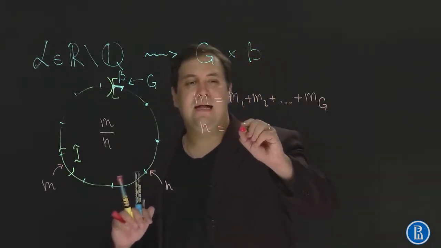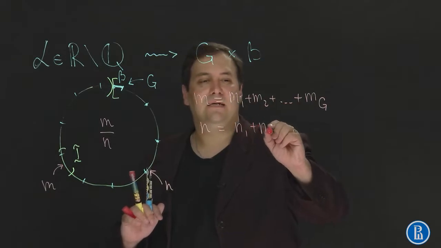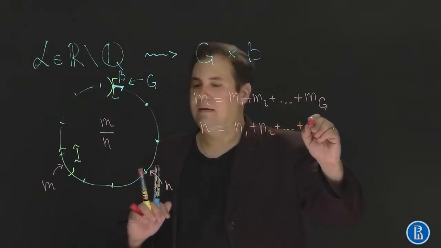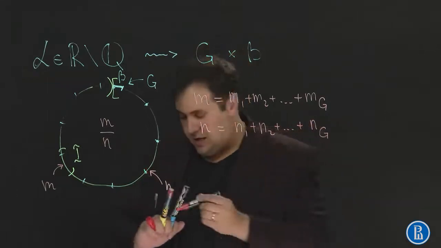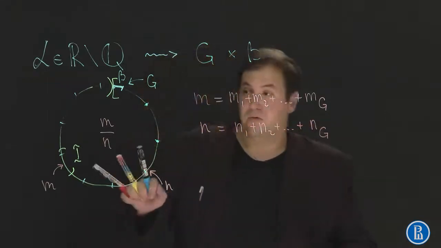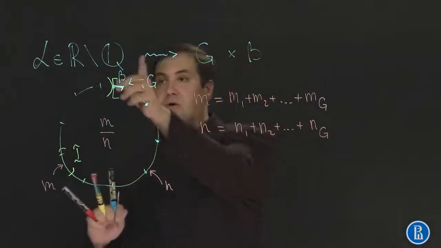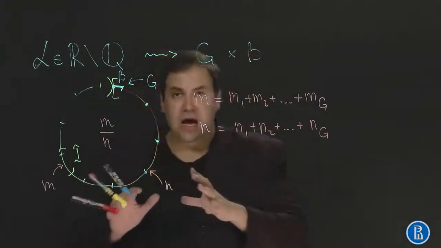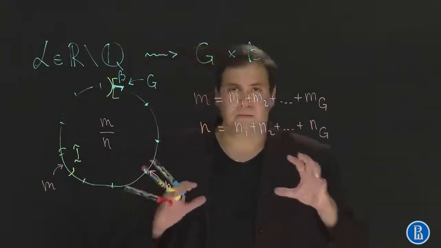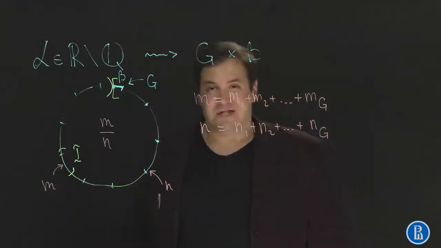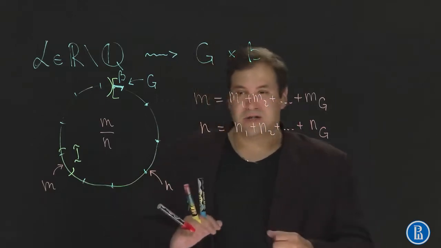Similarly, n is equal to n1 plus n2 plus ... plus ng, which means that all of the first n steps of our original grasshopper are split among these g small grasshoppers, these g personalities of our original grasshopper.